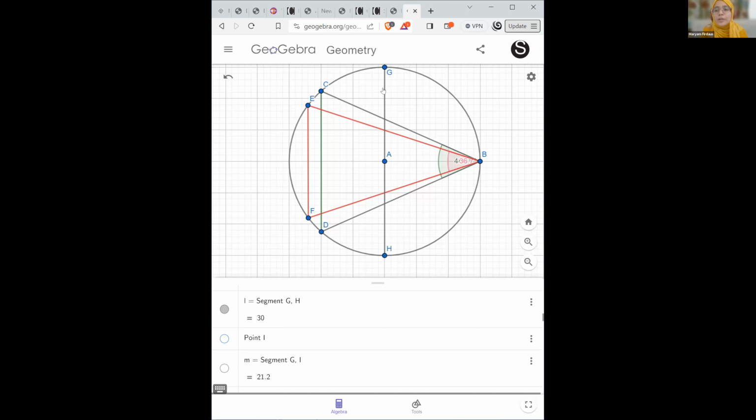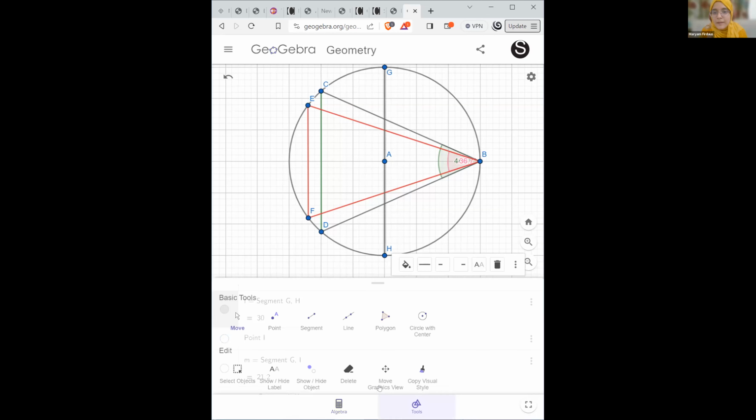Now, how much do you think the angle subtended by GH will be? Angle subtended by GH at B. By the chord GH, the gray one right in the center, the diameter.